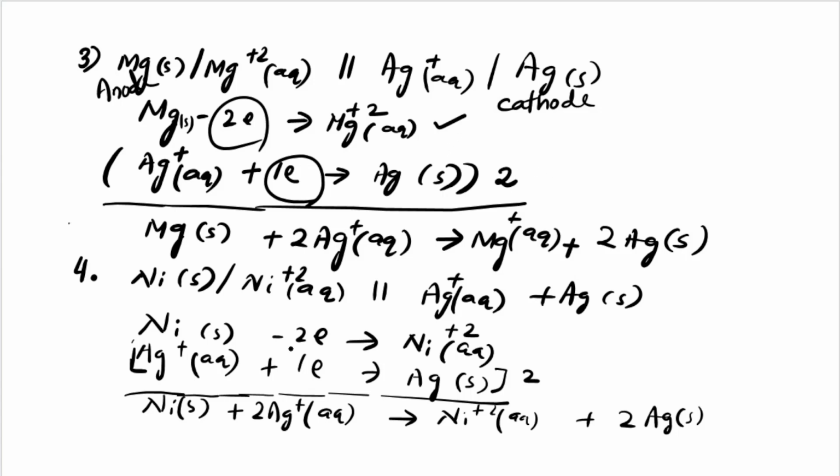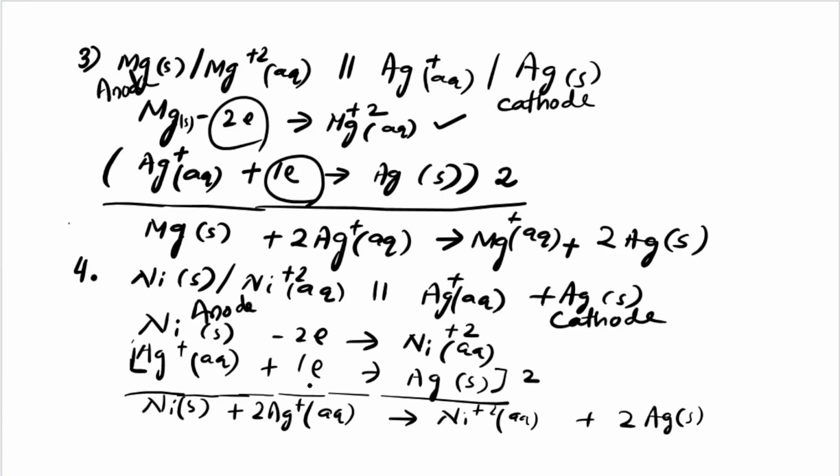Now the fourth example: nickel. Nickel is the anode. Anode means losing electrons, and this side is the cathode, silver, so here electrons are gained. Nickel loses electrons to form Ni+2 (aq), and Ag+, since it is 1 plus, accepts 1 electron. This is half cell reaction 2.